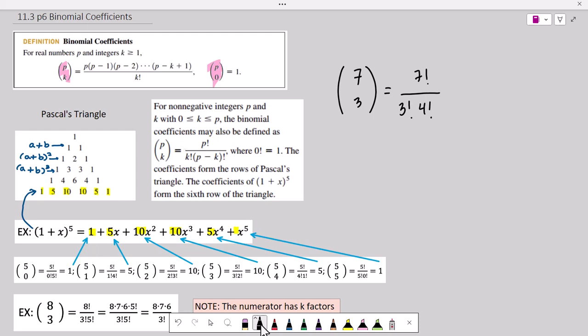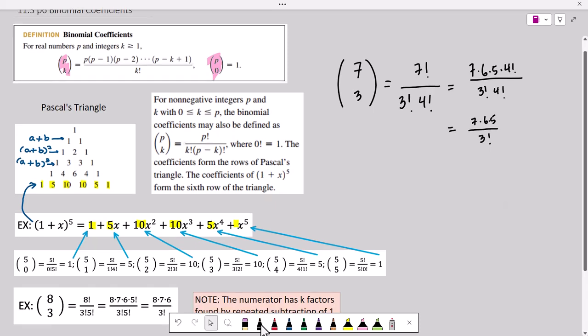And so now we've already done this, right? 7 factorial you could write as 7 times 6 times 5 times 4 factorial. And so you would then cancel the 4 factorial and you end up with an expression that has no factorial in the numerator. What this is going to do is give us a way to generalize the concept of a binomial coefficient. This is our traditional definition of a binomial coefficient.